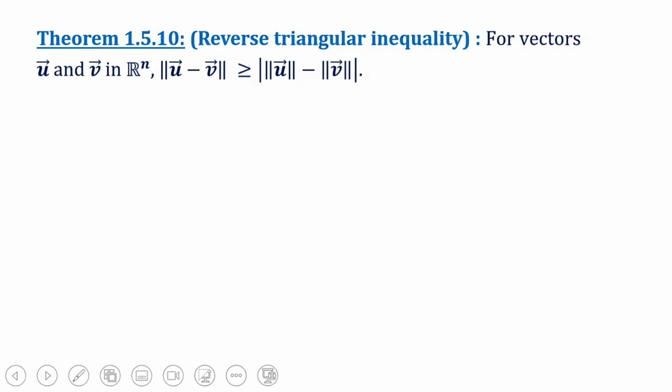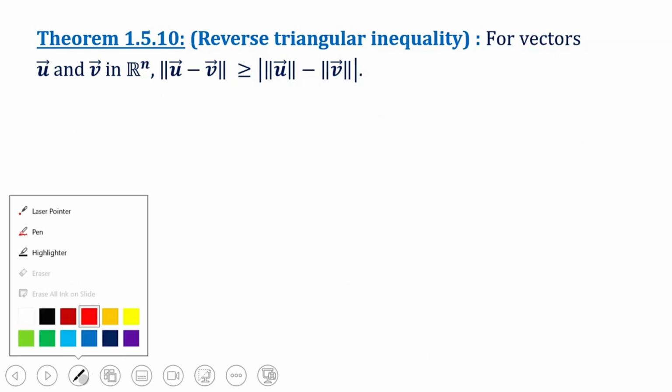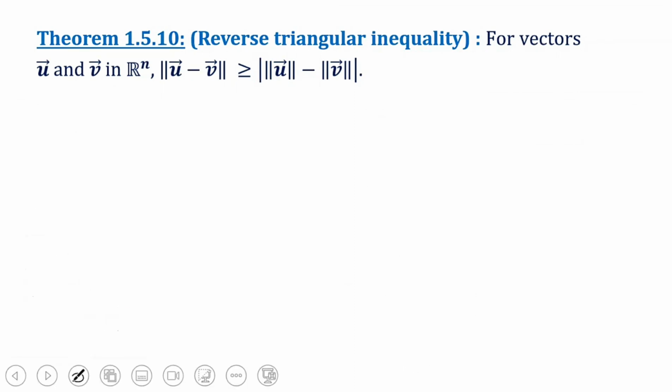Okay, our next theorem is about the reverse triangle inequality. In this part we are going to prove the reverse part of the triangle inequality, and that's a very easy proof. The basic idea of the norm will give us the proof. So let's write the norm of u as the norm of u minus v plus v.